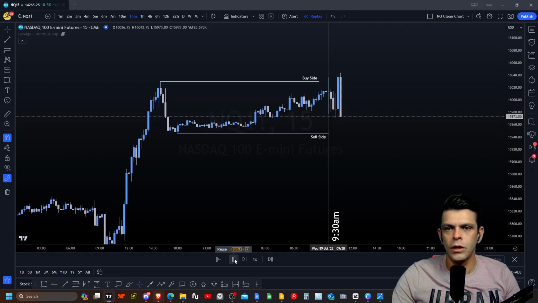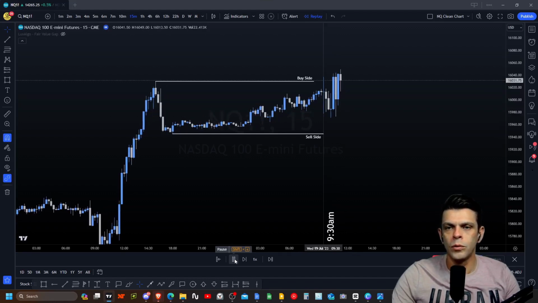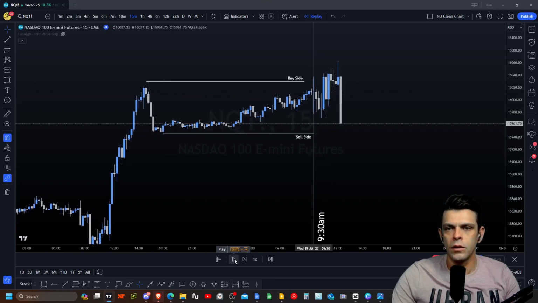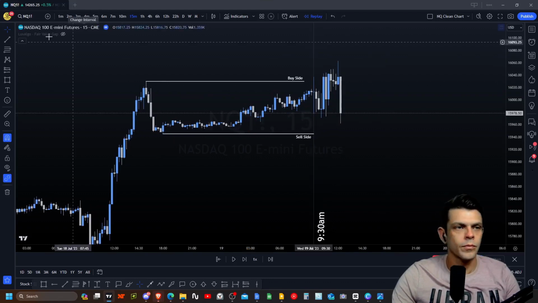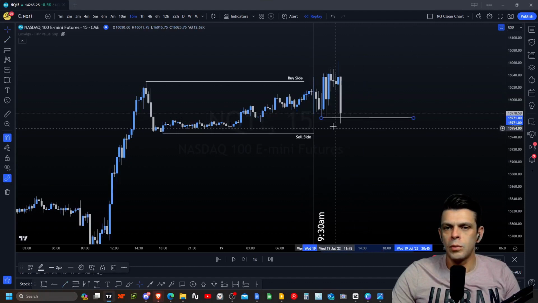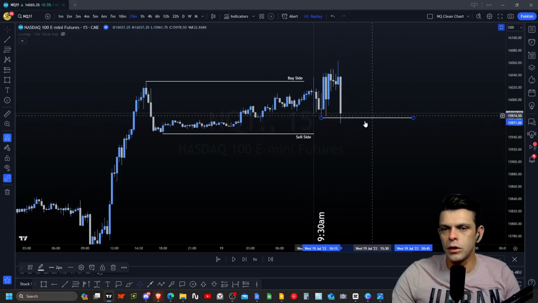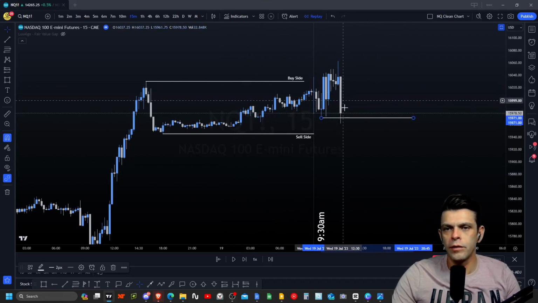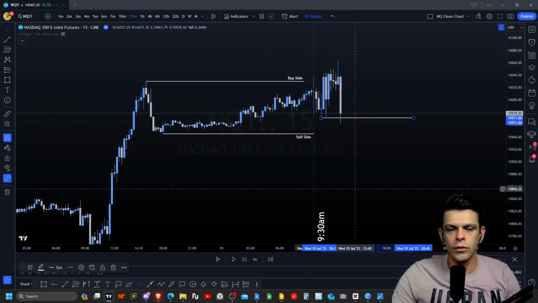Okay, it digs into the buy side liquidity more. Again, starts to displace. So here we have a higher low. If we displace below this level, this will give us the bearish market structure shift. And we are also looking for that fair value gap to confirm on the 15-minute time frame.